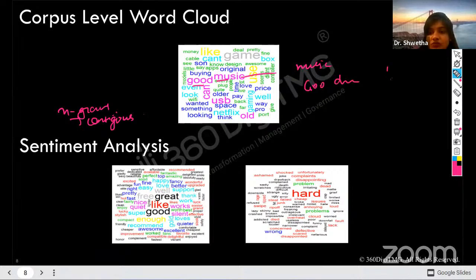So two words, it will be a bigram. In a sequence, we are taking two or three words and analyzing, because just one word sometimes might not give us the full picture of what is being talked about. So we can go for n-grams, bigram, trigram, and then build a word cloud so that we understand what is being talked about.